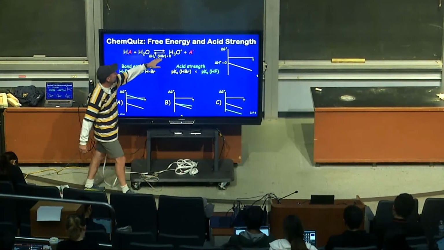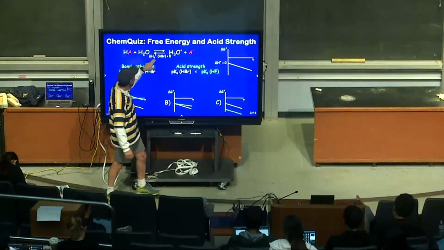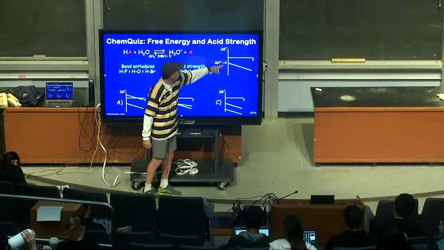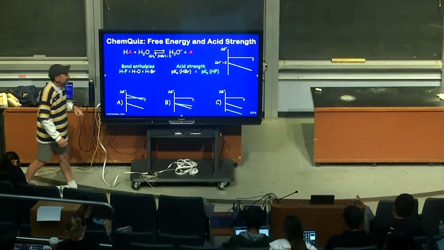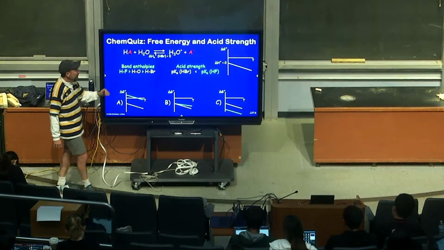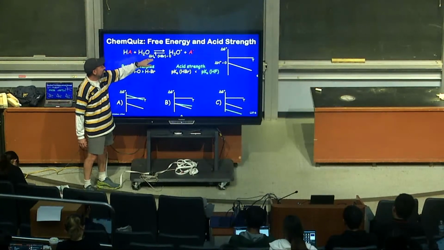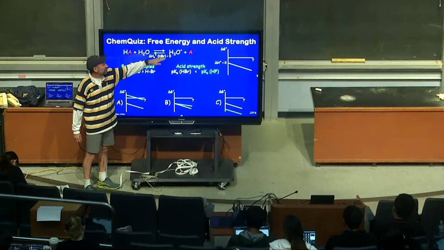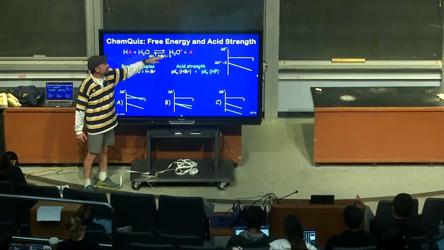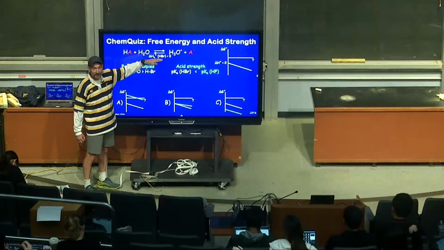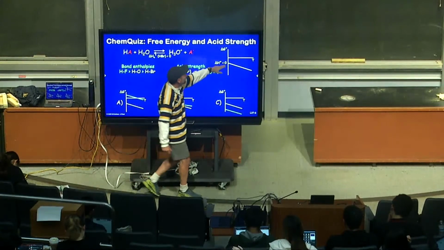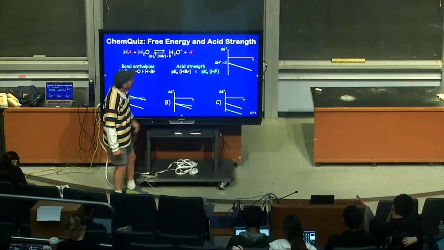So this reaction, if it's HBr, and look at that, ΔH is less than 0. So that is a negative number. So this dissociation enthalpy is negative. This is an exothermic process.